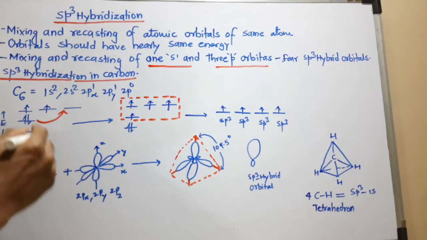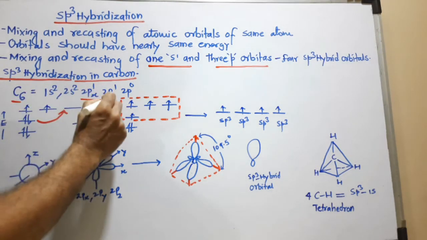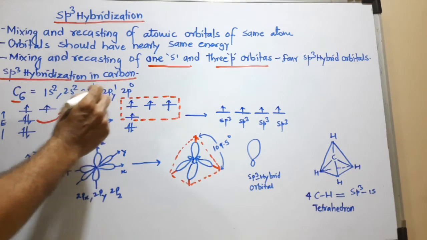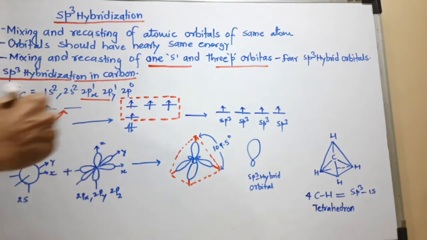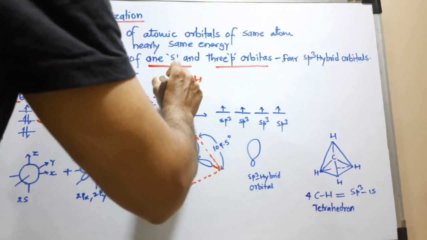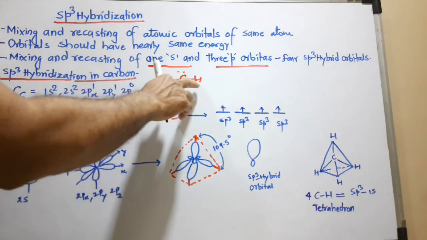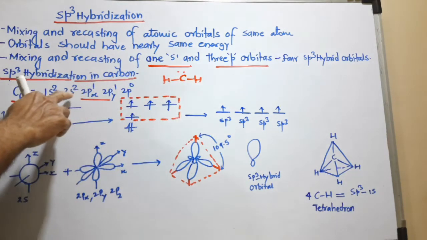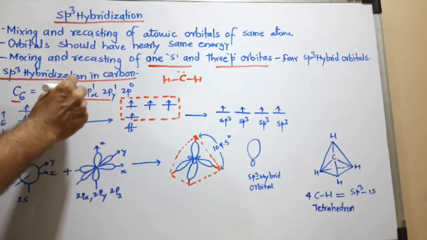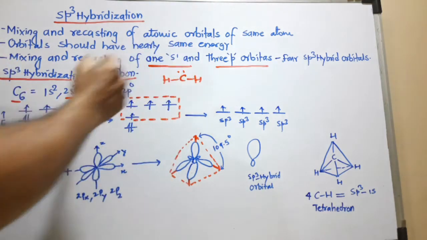Now see here, when we write the electronic configuration of carbon, we can see in the valence shell there are 2 unpaired electrons. So as per the VBT, carbon should form this kind of molecule, because 2 unpaired electrons form 2 covalent bonds and 1 orbital has a pair of electrons, as shown here. This is a very unstable compound.